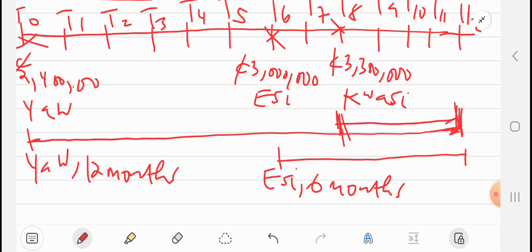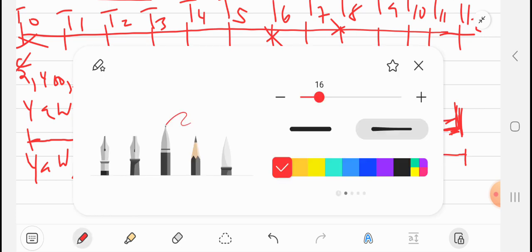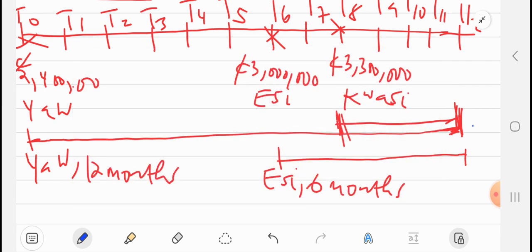And Kwasi will therefore be, in this case, if I maybe change the color here and use blue, Kwasi will then have the investment there for 4 months. Kwasi's investment will then be there for a period of 4 months.